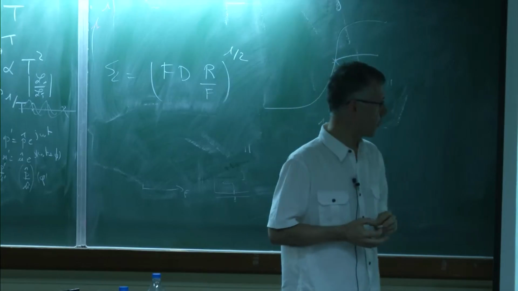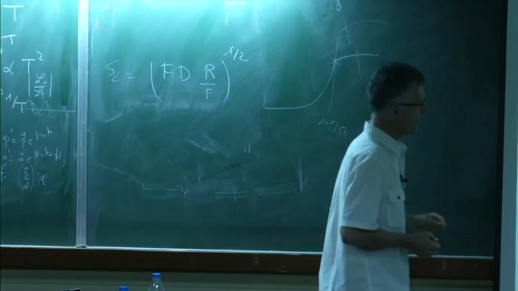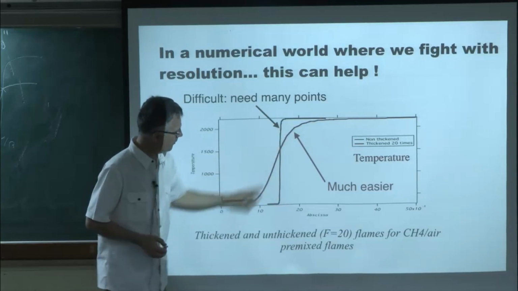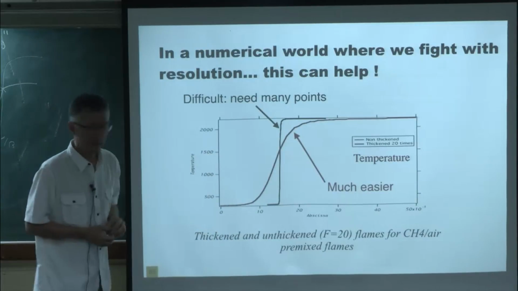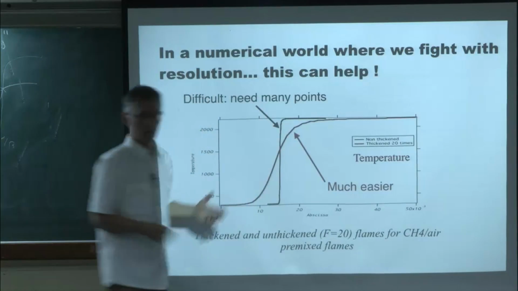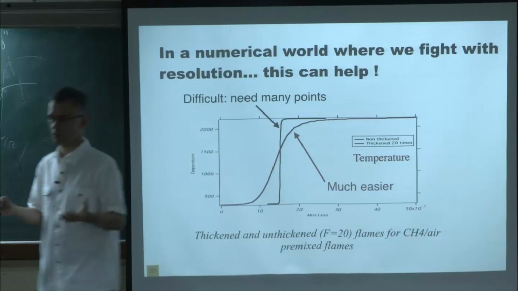So why is it important? Well, it's very important for someone who is writing a code. This is an example of a flame which is not thickened, and this is the same flame after thickening by a factor of 20. So obviously, if you want to resolve this flame, you need a lot of points. If you want to resolve that one, it's much easier. You need much less resolution.